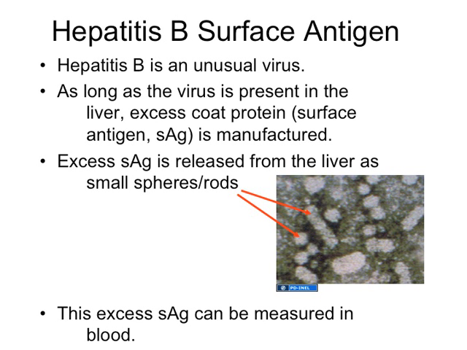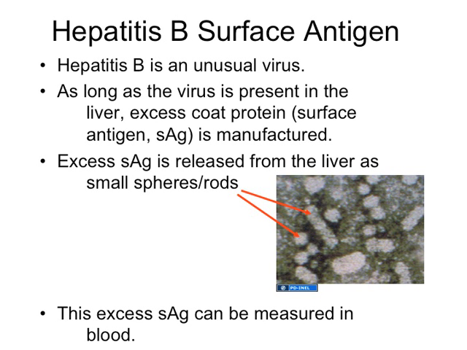Now, the surface antigen is what makes this virus really unique, and this is actually the first marker. The guy who identified it, Baruch Blumberg, got a Nobel Prize for that. It was an incidental finding because he was doing serologies of different serum proteins, and the original name was the Australia antigen because he picked it up in blood from an Australian aborigine. But the reason we can measure the protein in blood is this virus makes a mistake.